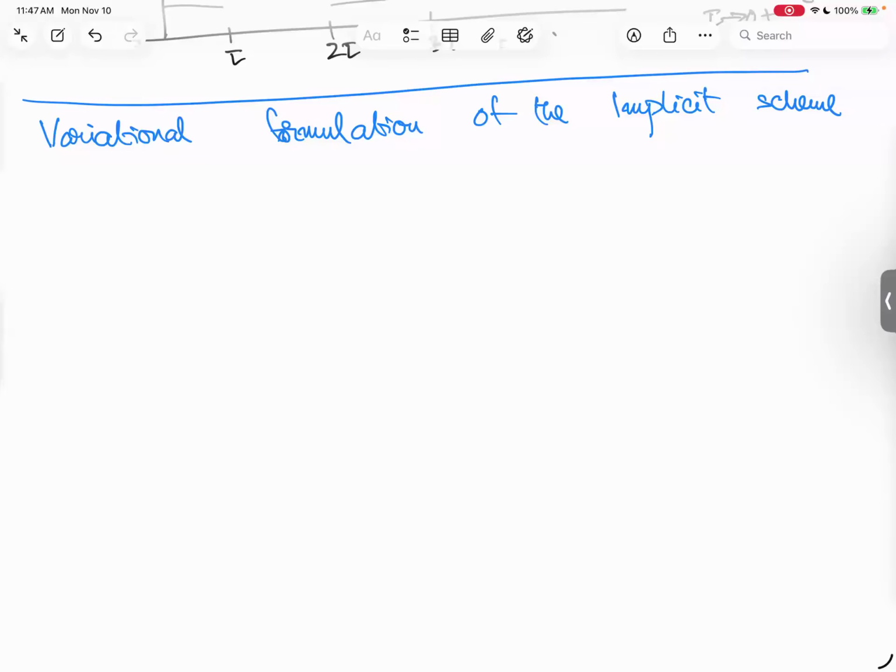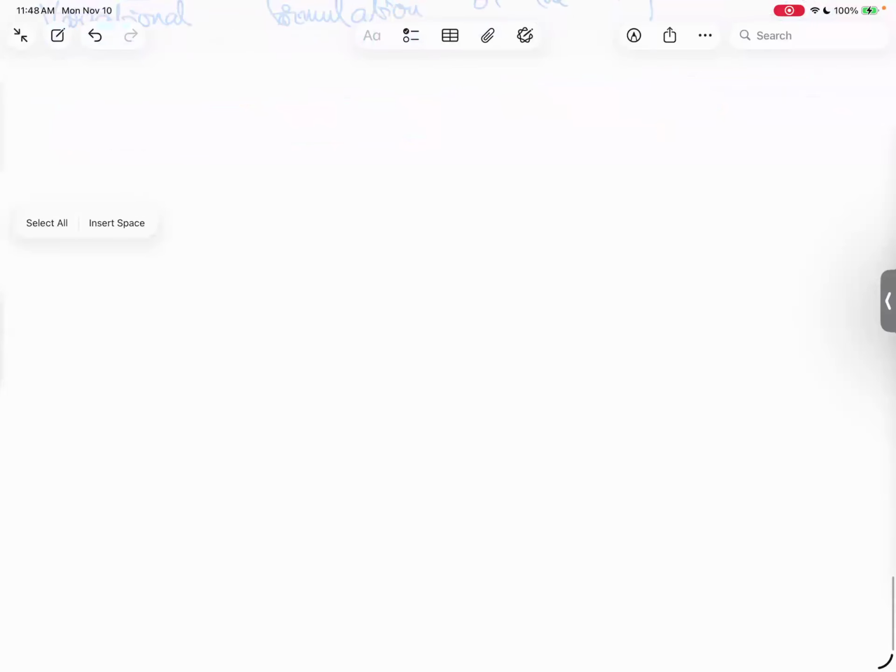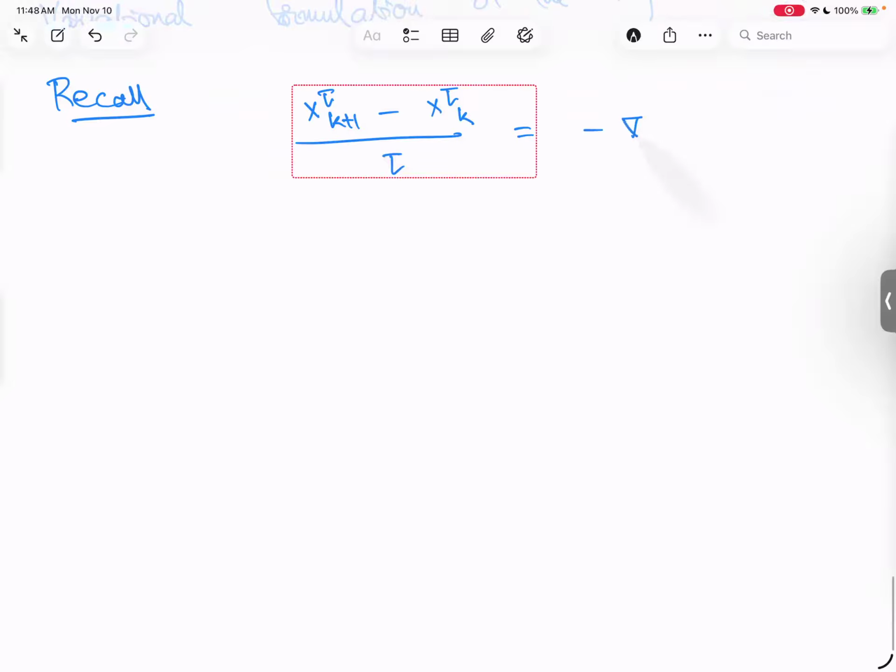So what is the implicit scheme? Recall the implicit scheme is given by minus the gradient of phi of x tau k plus 1. This is my implicit scheme.